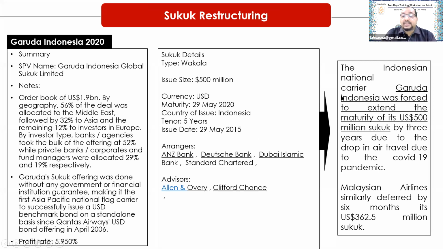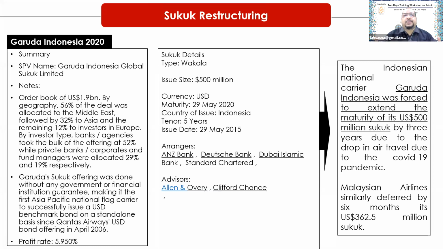This is the arranger, this is the advisor. Now the issuer, Garuda Indonesia, was forced to extend the maturity of its 500 million Sukuk. You may say it is rescheduling, or it could be restructuring, by 3 years, meaning that they need an additional 3 years to be able to redeem, and the reason is the drop in airline travel due to COVID-19.